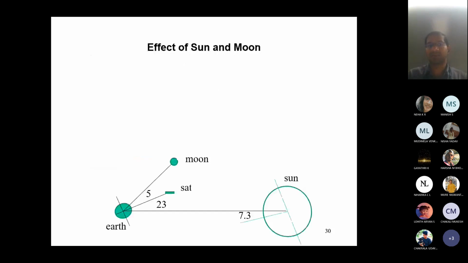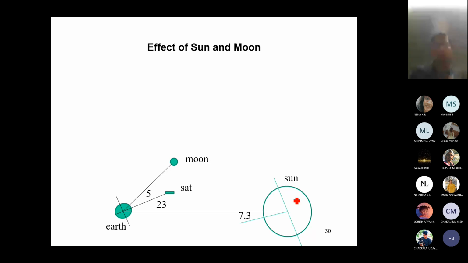So we have another effect, that is the effect of the sun and the effect of the moon. Okay, so any question? Nothing. So you see, observe here. This is the sun, which is the central object, and around the sun, the Earth is moving. The moon is a natural satellite. The moon is also rotating around the Earth, like the man-made or artificial satellites which we are launching.